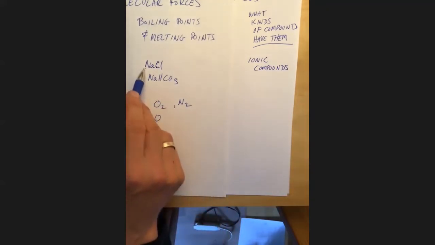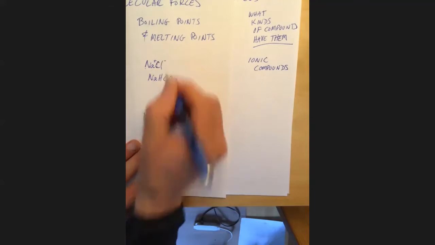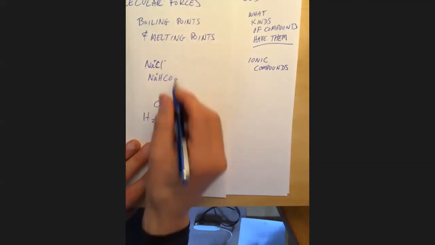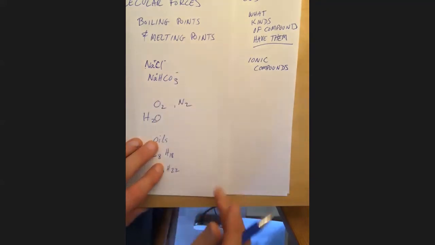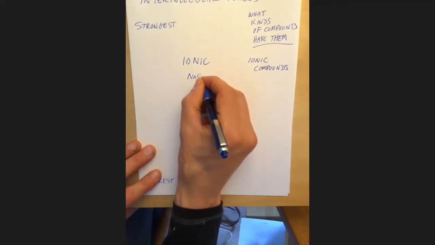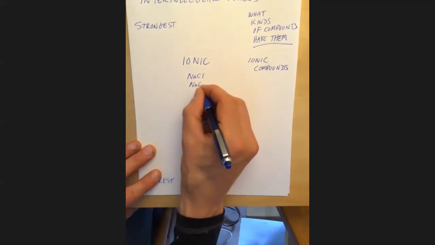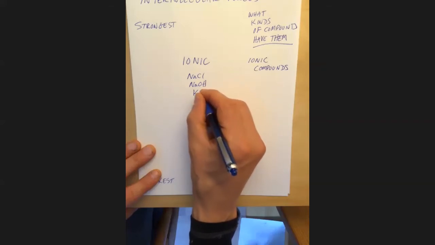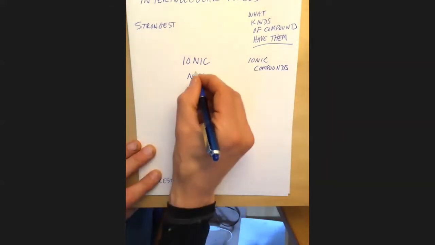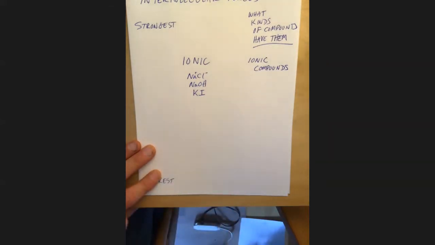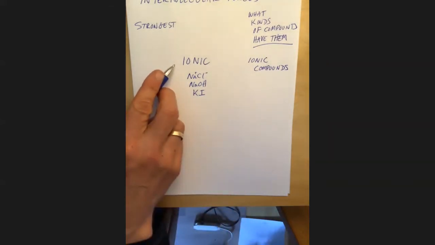Those are ionic compounds: sodium with a plus charge, chloride with a minus charge, sodium with a plus charge, hydrogen carbonate with a minus charge. So ionic compounds like sodium chloride or sodium hydroxide or potassium iodide, things that have positively charged ions and negatively charged ions, have ionic forces in them.